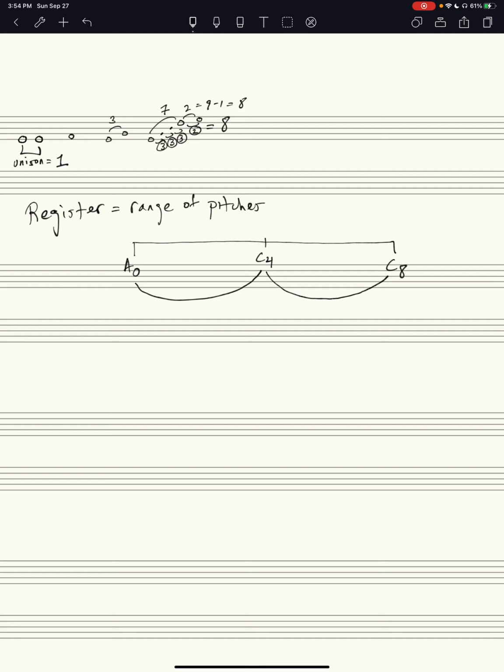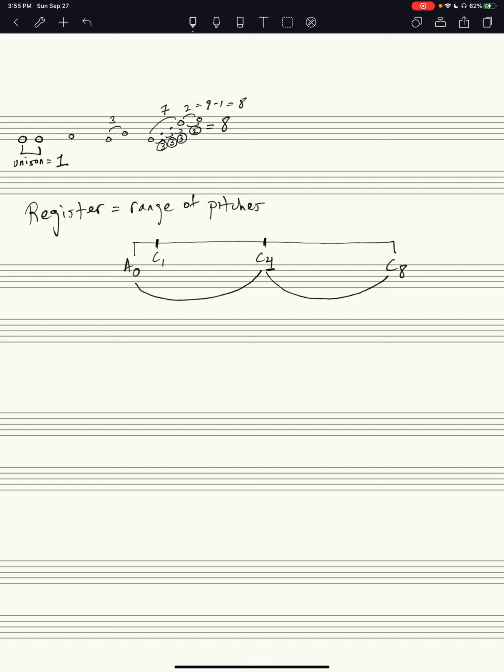So here's what I'm going to do. I'm going to remember that C1 is just a couple of keys away from A0 as I move up the keyboard. Now, remember that if I have C1 here and C4 there, I know how many octaves this is, correct? Well, how many is it? It's 3 octaves. How do I know?